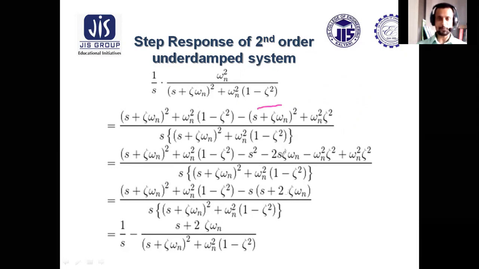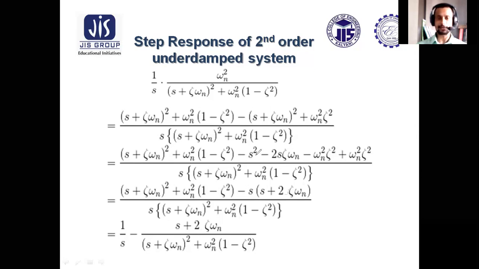So minus s square minus 2s zeta omega n minus omega n square zeta square. So this whole square is broken here. Plus zeta square omega n square is kept here. Now the denominator part remains the same.